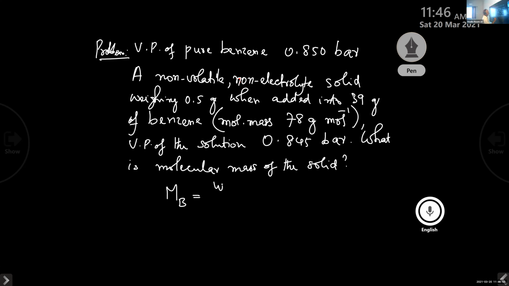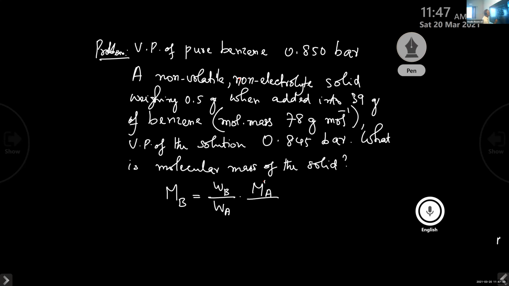You write the equation: MB is equal to WB by WA into MA by, that is from relative lowering.